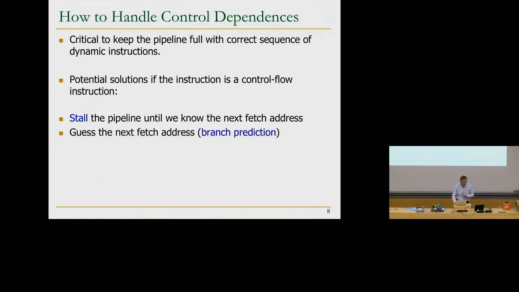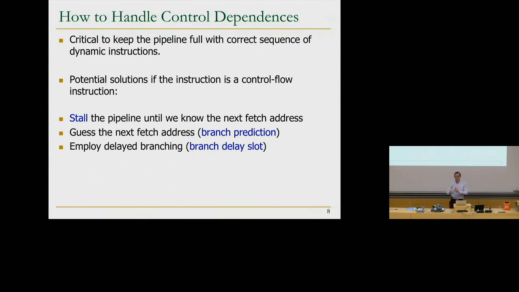Or you can guess the next fetch address, which is the subject of this lecture. You can employ delayed branching. I'm not going to talk about that as much, but you can change the semantics of the instruction in the instruction set architecture. You can say, for example, I have this branch, but its semantics are modified such that it takes effect after the next n instructions after it are executed.